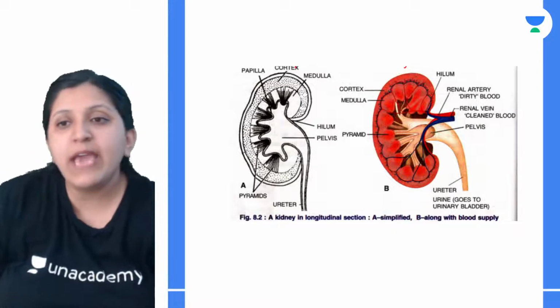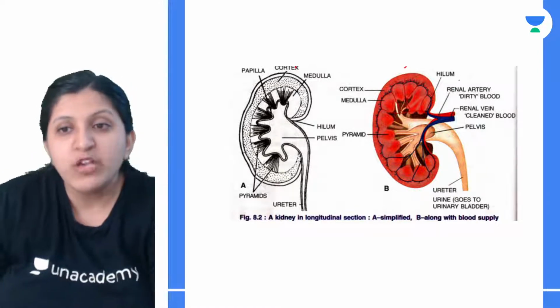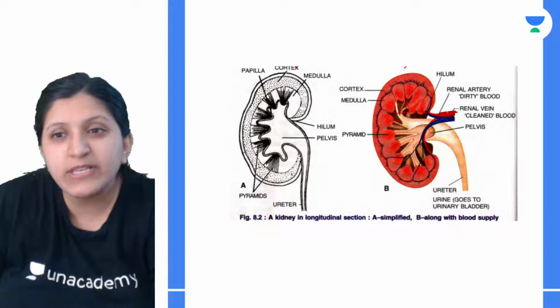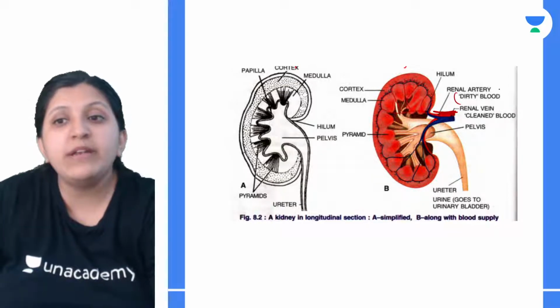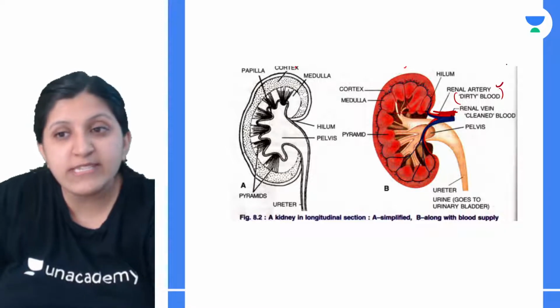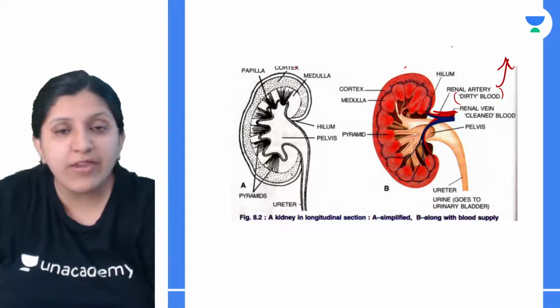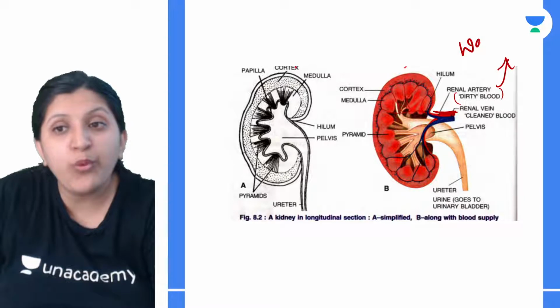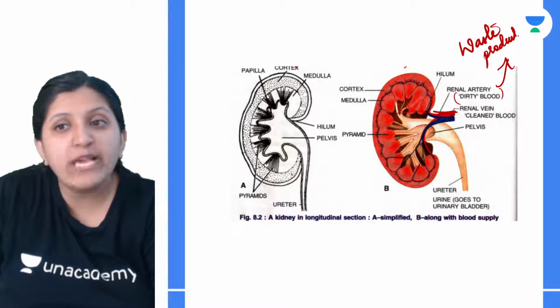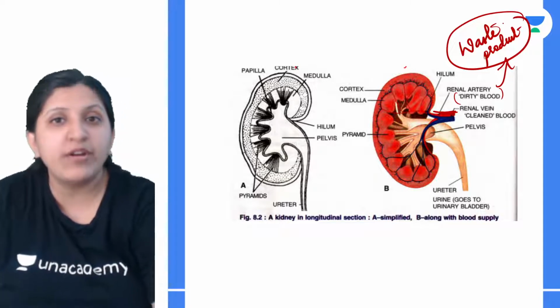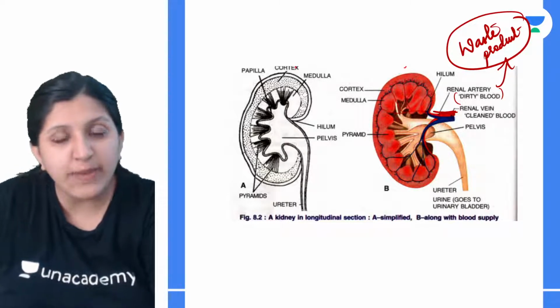Here they have shown the blood supply also. The renal artery is coming, carrying dirty blood. Why do we call it dirty blood? Because it is oxygenated blood anyway, but there is a waste product carried by it, which has to be got rid of. That is why it is coming to the kidney.